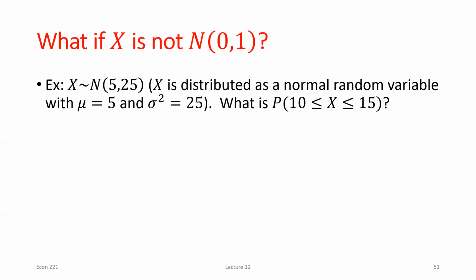Right? So I think about this. How far away is my x value of 10 from 5? 5 away. If my standard deviation is 5, how many standard deviations away from the mean am I? 1. Now 15 is 10 away from 5. So how many standard deviations away would 15 be?